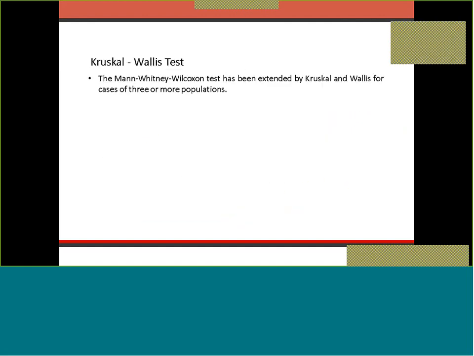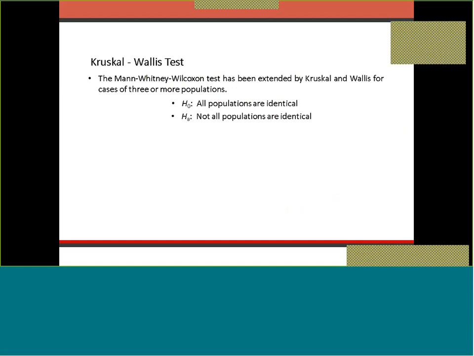So the Kruskal-Wallis test is the fourth test which we are going to deal with. The previous test is what? It is the Mann-Whitney-Wilcoxon test. It is only for two samples or two populations, whether the two populations are identical or not. But Kruskal-Wallis test is a generalization of Mann-Whitney-Wilcoxon test.